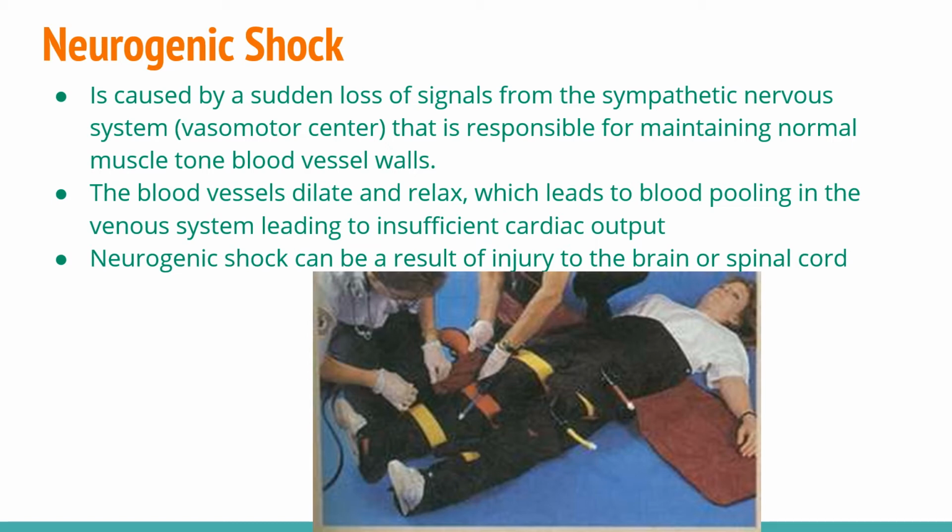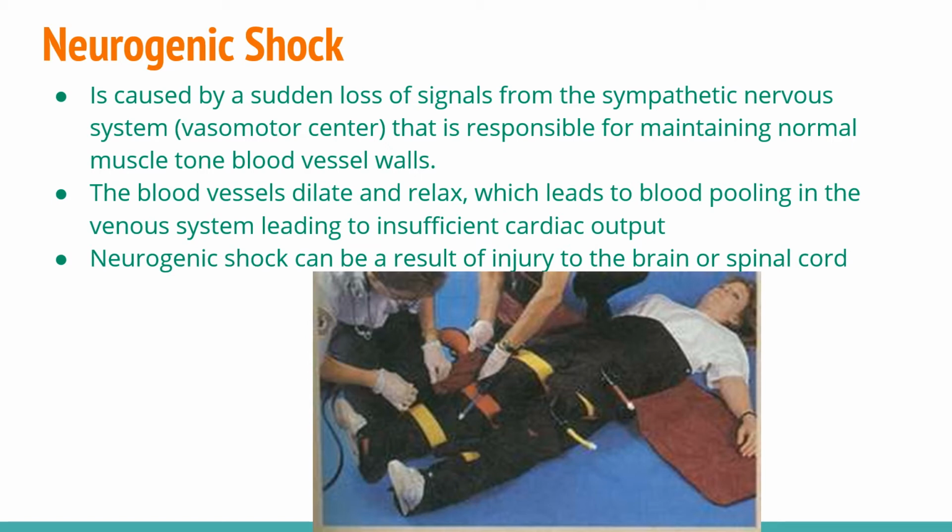So the vasomotor center is responsible for maintaining your muscle tone in your blood vessel walls. So what happens is that the vessels dilate, and it causes a seep, basically. So the fluid starts to leak, and it reduces your blood pressure and obviously blood flow.